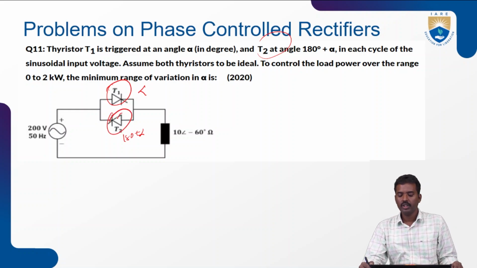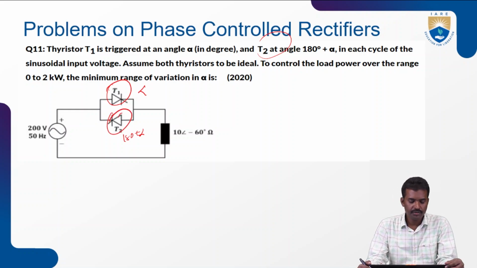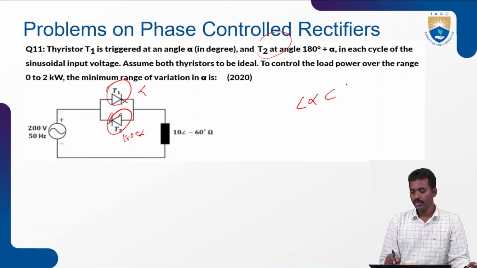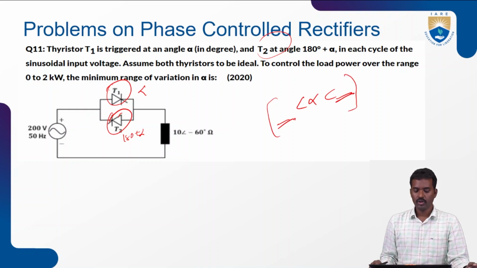In each half cycle of the sinusoidal input voltage, assume both SCRs, thyristors, to be ideal, and to control the load power over the range from 0 to 2 kilowatts, the minimum range of variation of alpha you need to calculate. So how will you calculate the alpha value first?